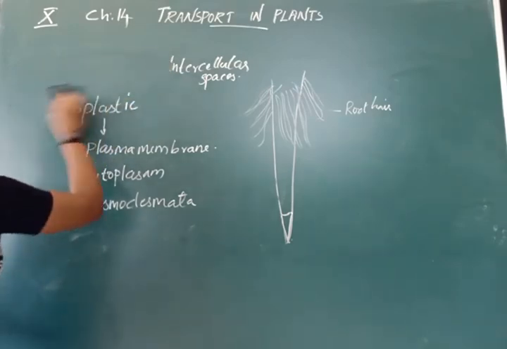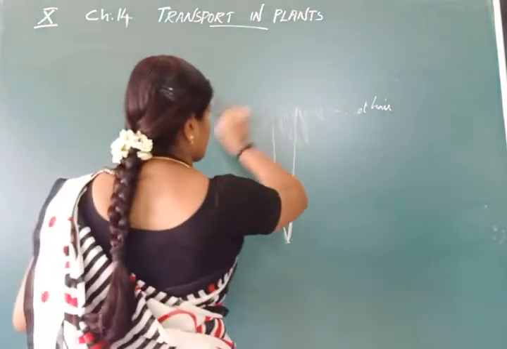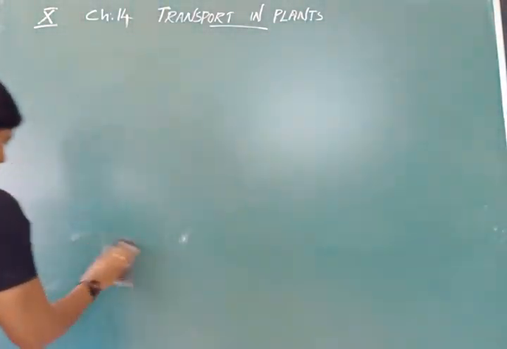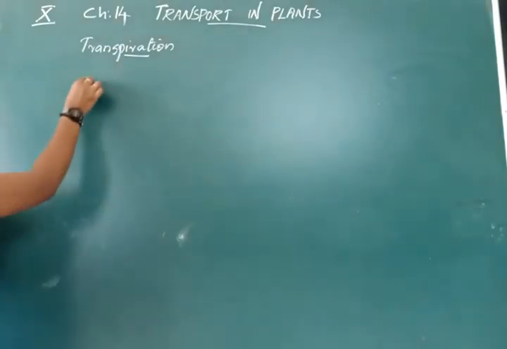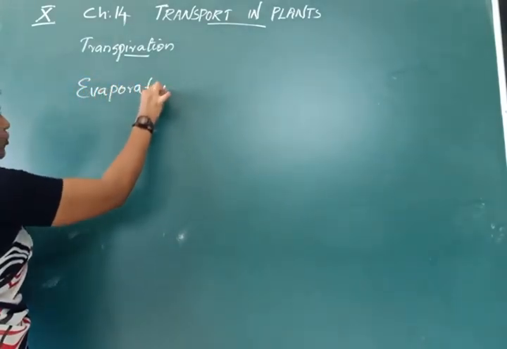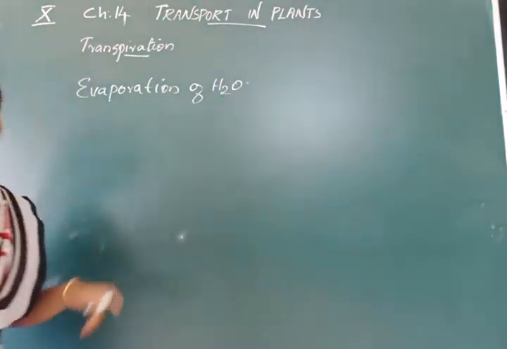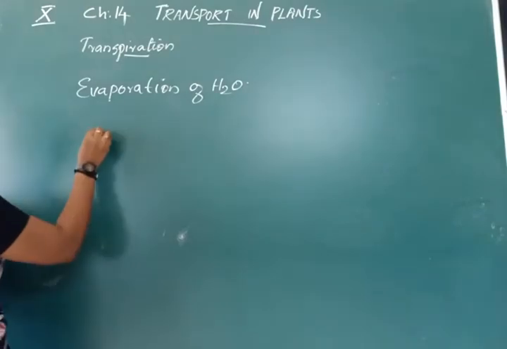Now, what is transpiration? The next topic is transpiration. Transpiration is the evaporation of water from the aerial parts of the plant through stomata.